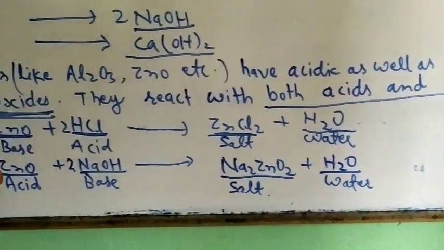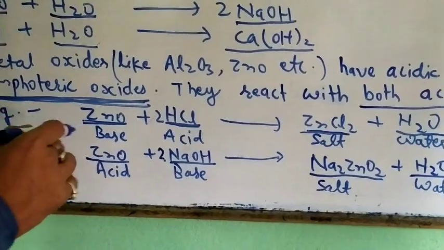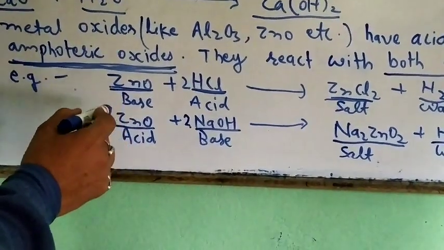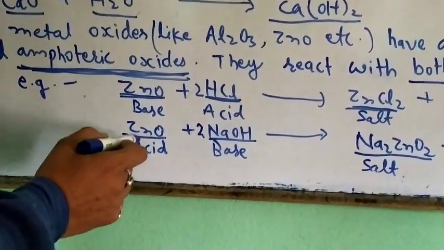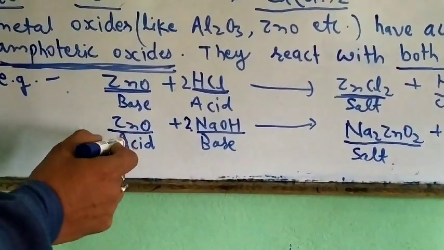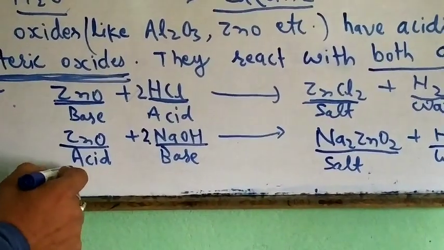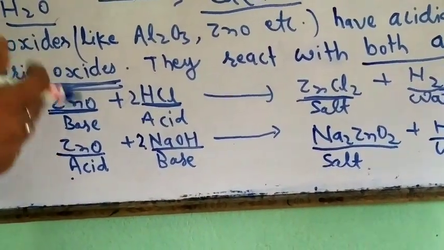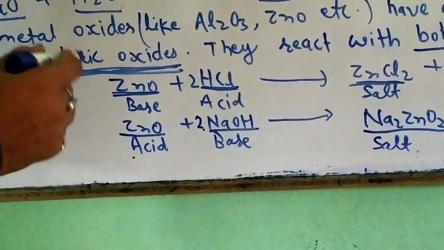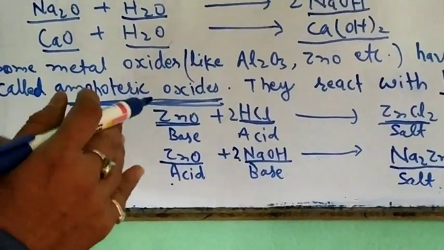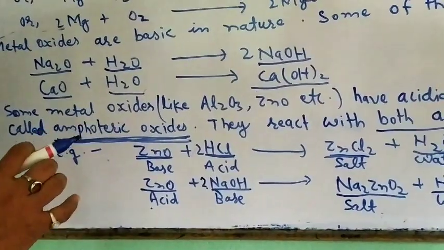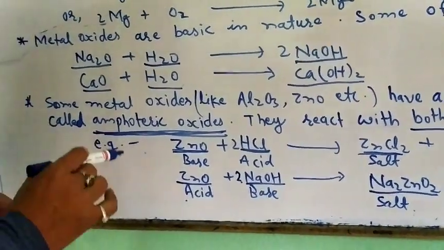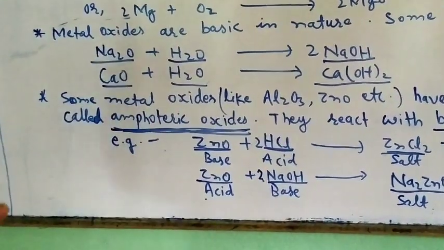So in the first case zinc oxide behaves like a base, and in the second case it behaves like an acid. These types of oxides are known as amphoteric oxides, and only some oxides behave like amphoteric oxides.